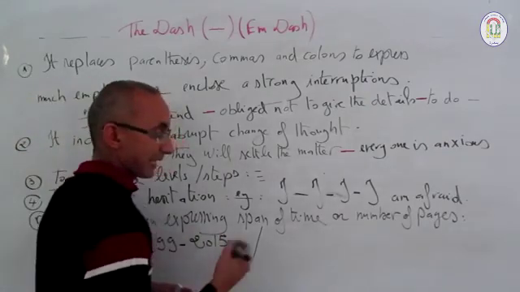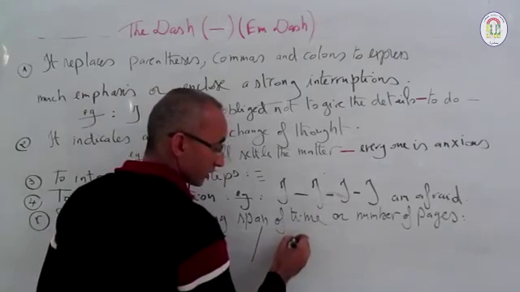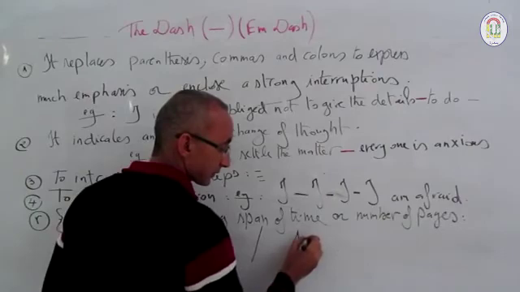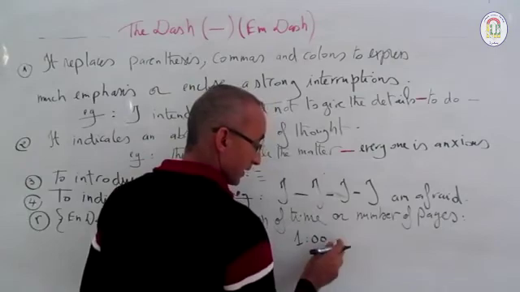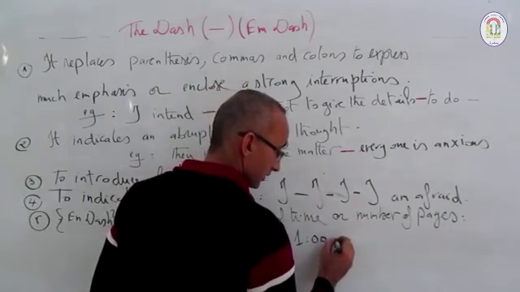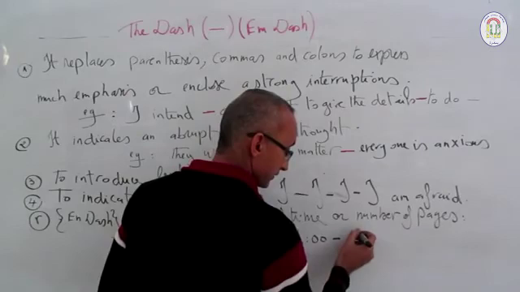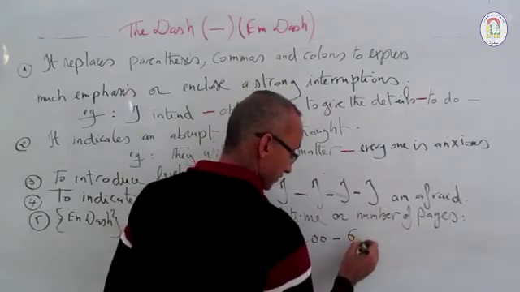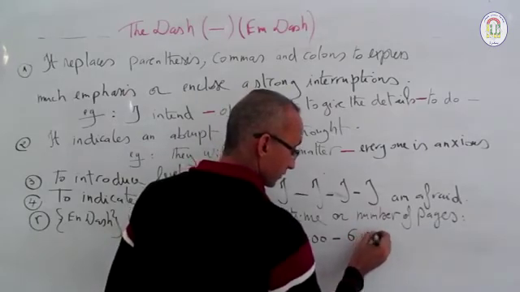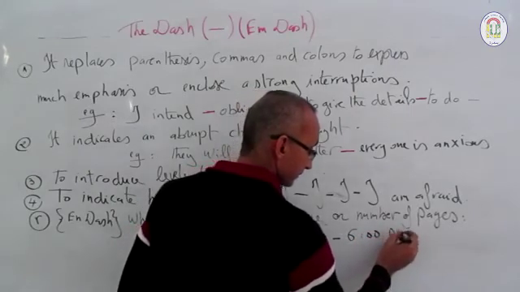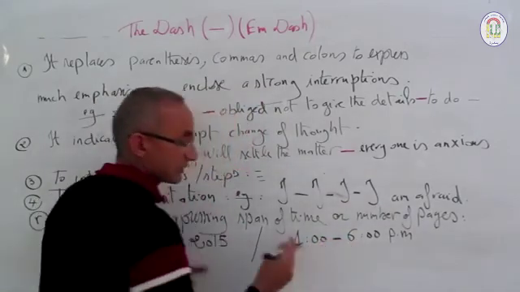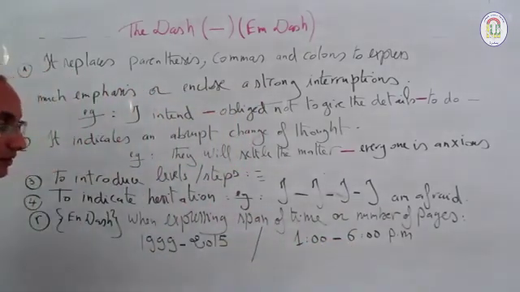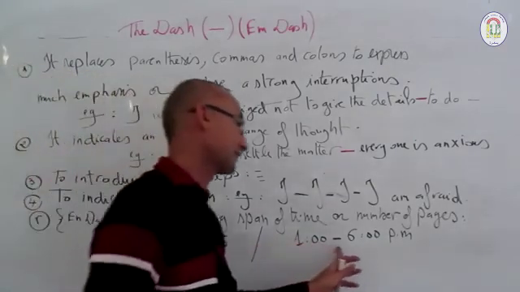Also with time we can use the N dash. Example: he slept from, I don't know, 1 a.m. till 6 p.m. So this dash here indicates time.